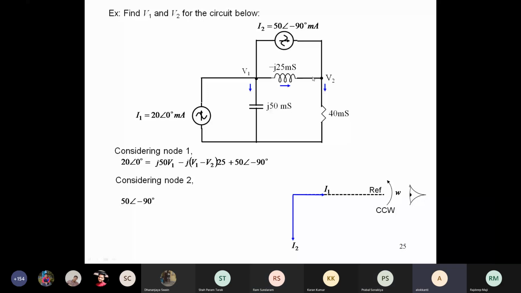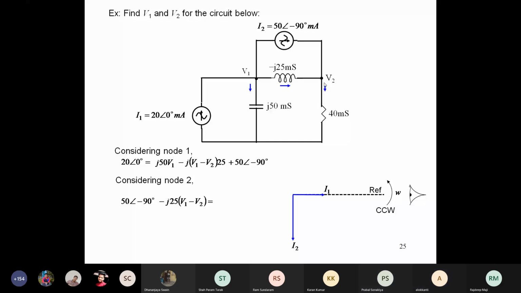Minus j25 times V1 minus V2. Though it is a current coming in, we are calling it minus j25 times V1 minus V2, as it is current going from left to right through the minus j25 millisiemens. So this is the equation, the net current coming in to node 2, and this is equal to the net current going out.